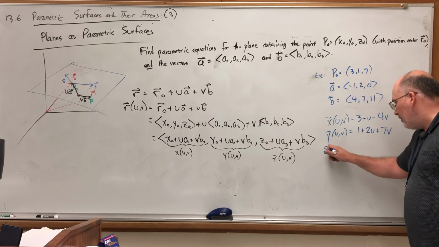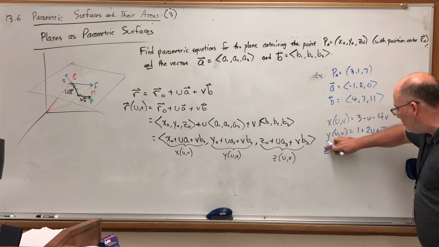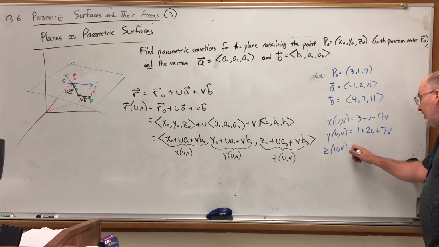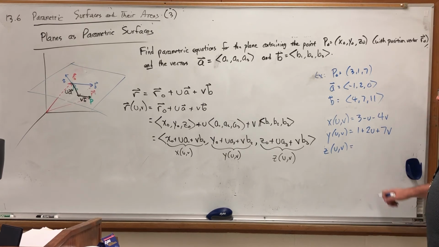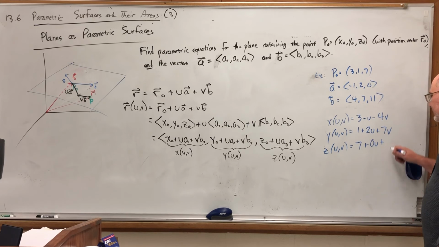And our z component function, these don't have vectors, they're scalar functions. Shame on me. The scalar function z of U comma V is the z coordinate of the point, which is 7, plus the z component of A times U, so 0 times U, I know that's 0, plus the z component of B times V, 11V.